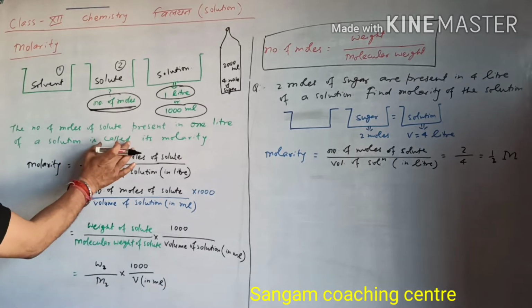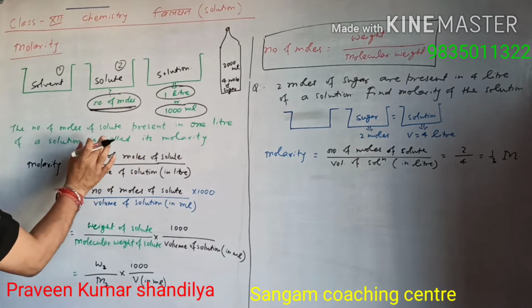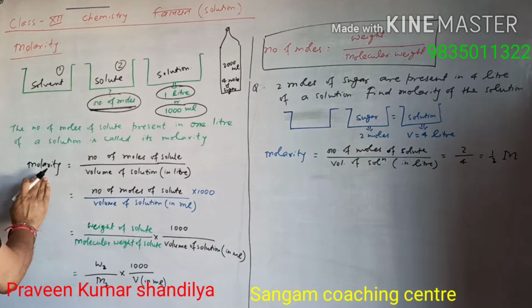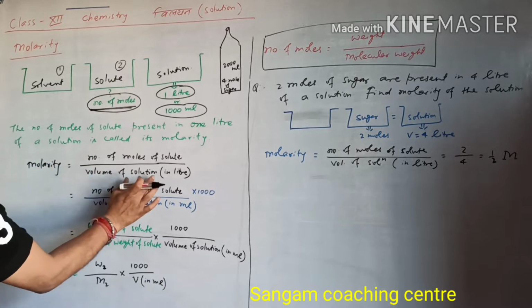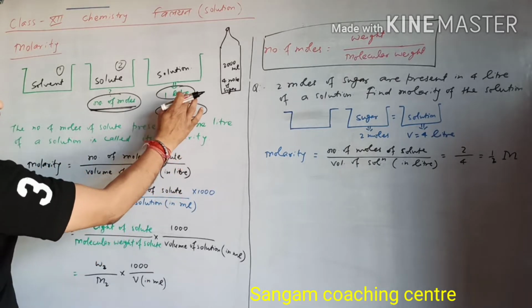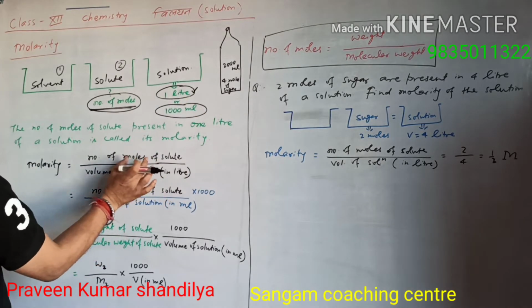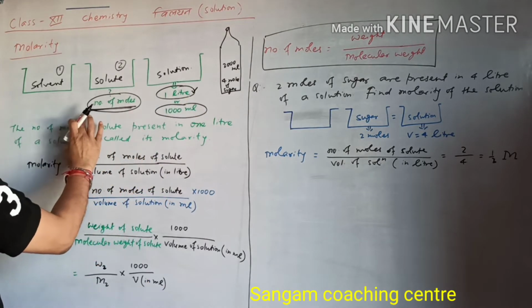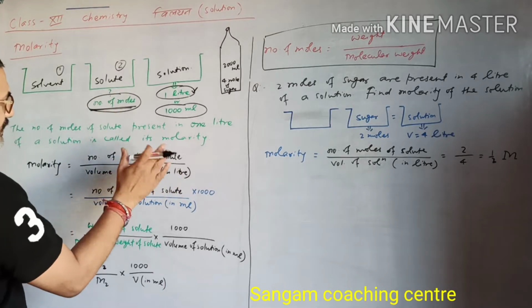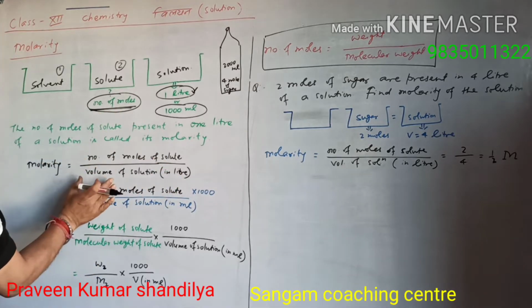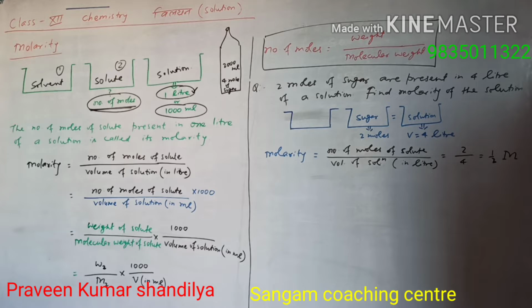Here we can write it mathematically. Molarity is the number of moles of solute divided by the volume of solution in liter. This line is written mathematically like this.